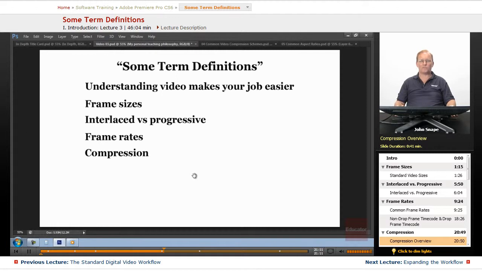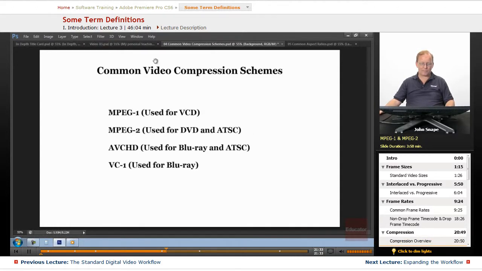The waves for television are about 3 feet high, and they use a lot of the bandwidth. They can fit 6 to 10 high definition channels in one standard definition space just because they compress the video down. And let's look at some of the common video compression schemes.